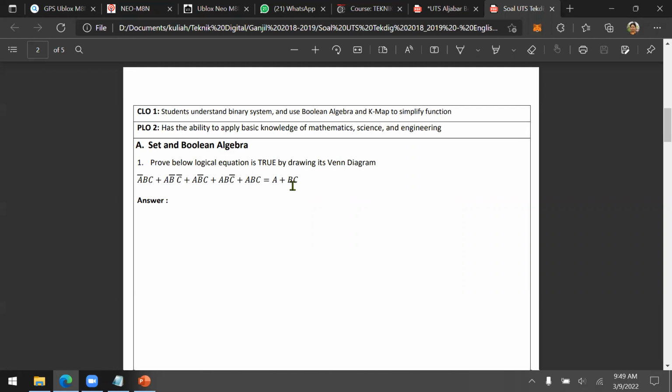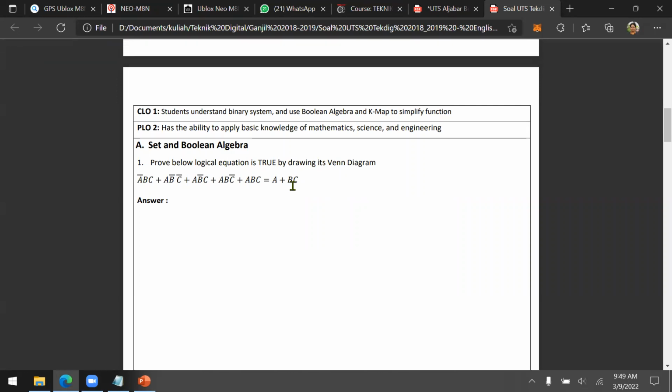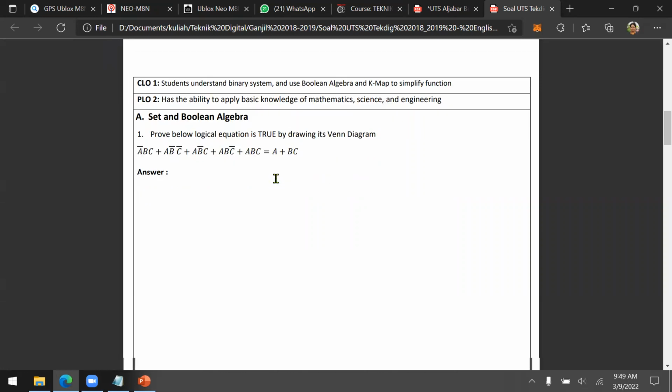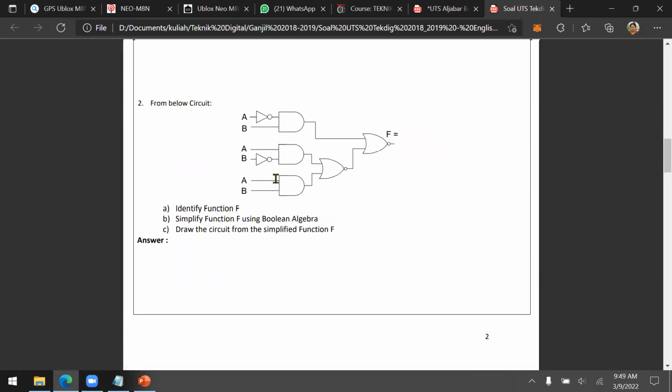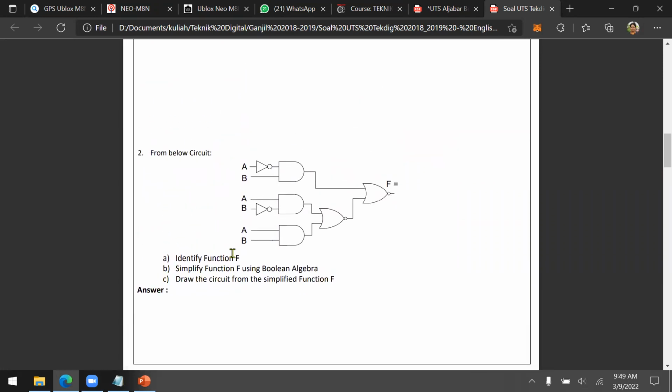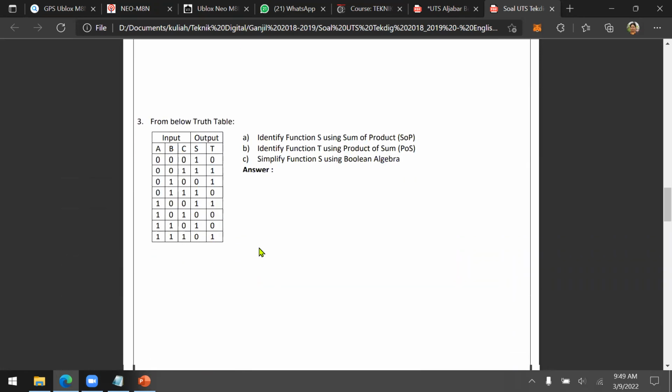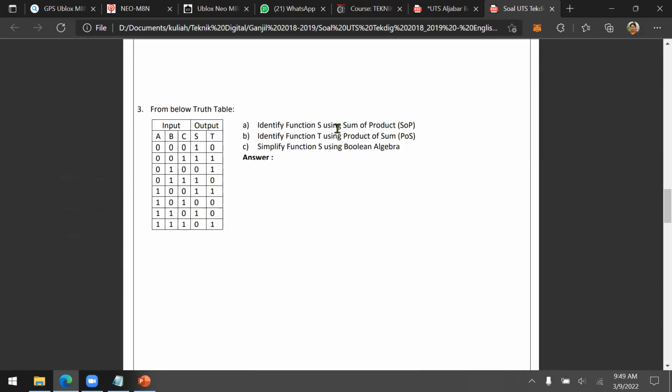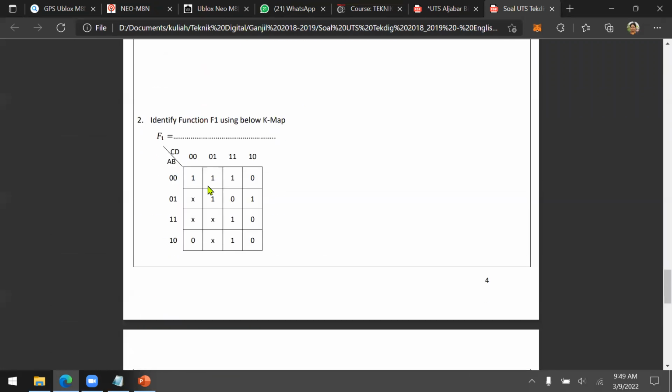Oh, so you don't need to prove by using Boolean algebra, just by using Venn diagram. It's much easier. And then identify function f. No, we haven't discussed it yet. Okay, same thing like the G and H previously. Then this one is a schematic.